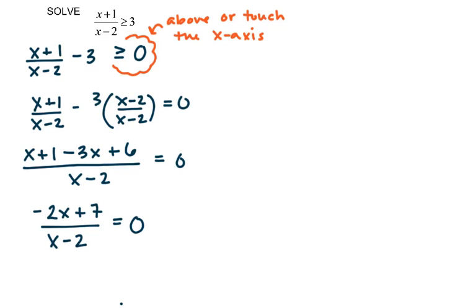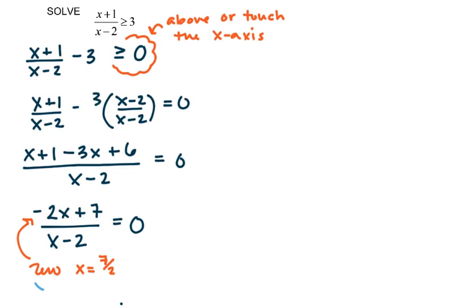All right, so we have one rational expression on the left equal to 0 on the right. So we find our critical numbers. My 0 will come from setting the numerator equal to 0. So one of my critical numbers is going to be x equals negative 7 divided by negative 2, positive 7 halves.